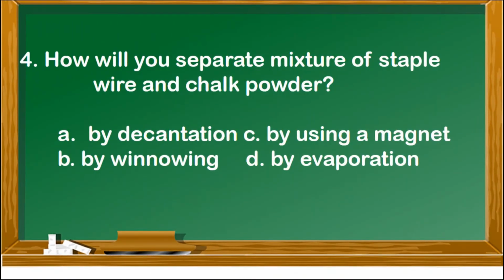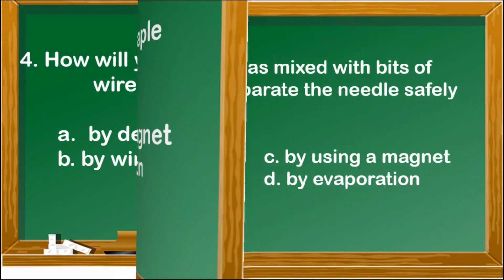Okay, number 4. How will you separate mixture of staple wire and chalk powder? A. By decantation, B. By winnowing, C. By using a magnet, D. By evaporation. The right answer is by using a magnet because staple wire can attract magnet. Number 5.